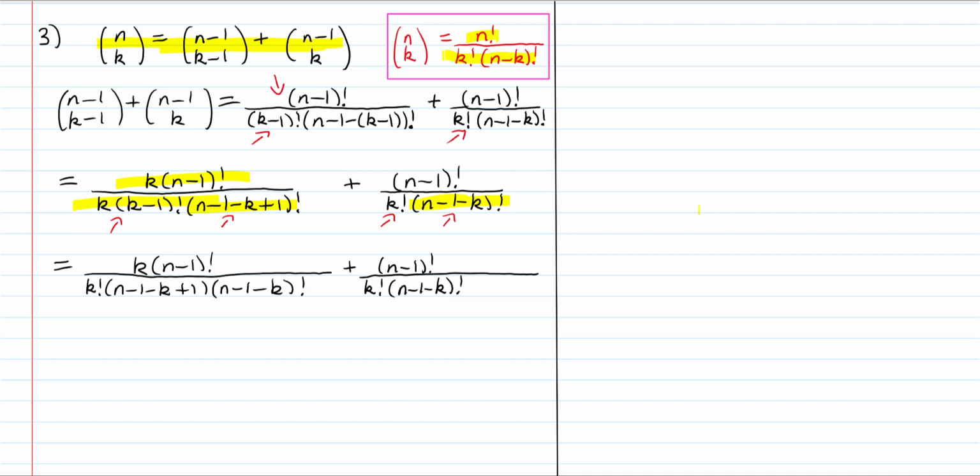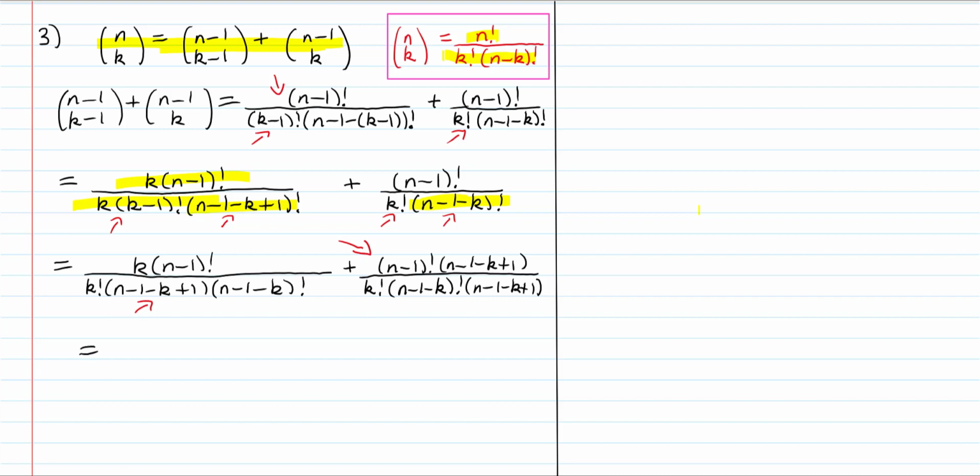So now if we look at this term here, if we multiply the numerator and denominator by this (n-1-k+1), then we're going to have a common denominator for those two terms. So we'll do that, multiplying the numerator by (n-1-k+1) and the denominator by (n-1-k+1). Okay, so now we're going to write these out over our common denominator.